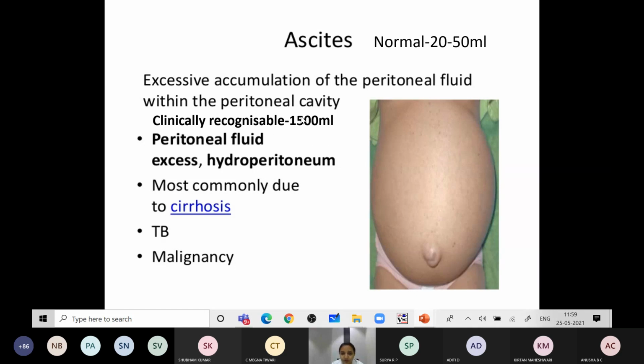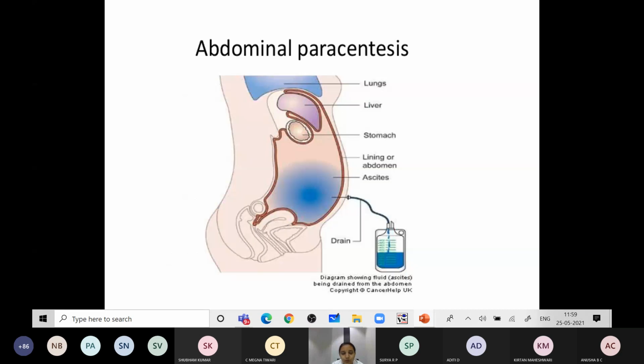If the amount is 1500 ml, then clinically it is recognizable, and the fluid collected should be drained out, otherwise it will stretch the abdomen and the person feels difficulty. Abdominal paracentesis is taking out the fluid from the abdomen. The needle is inserted just below the umbilicus to take out the fluid.